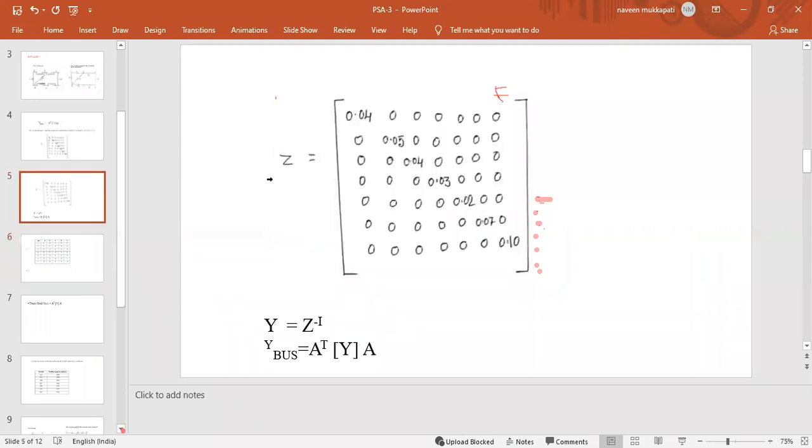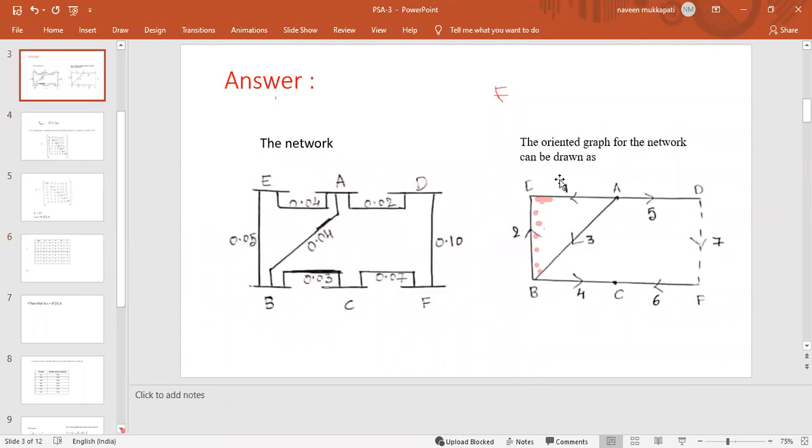Same as that, consider element 3. Element 3 is between node A and node B. The remaining nodes D, F, C are zeros.